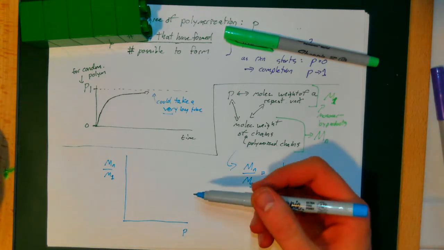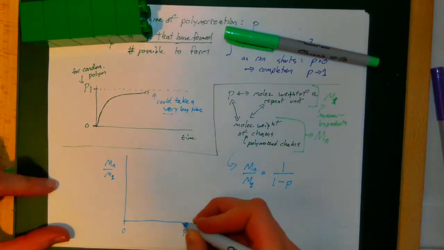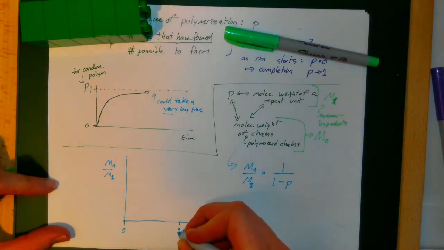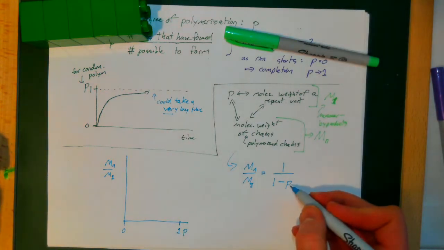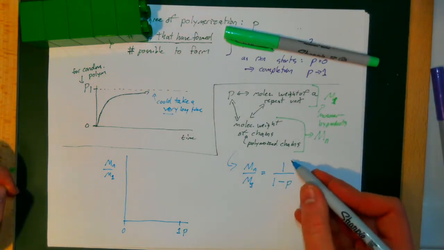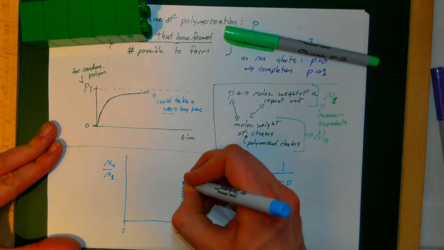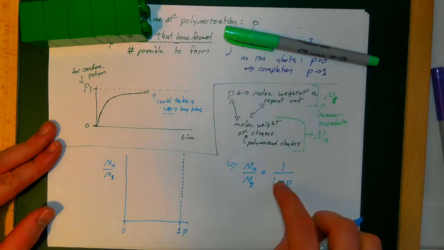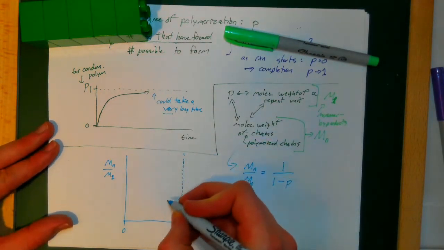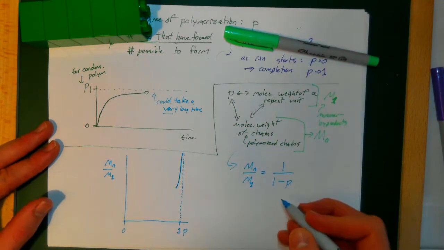All right, so what do you have? Well, we know that P can range only between 0 and 1. And good thing, because as P approaches 1, this denominator approaches 0, and dividing by 0 means we approach infinity. So as P approaches 1, this asymptotes vertically to infinity.